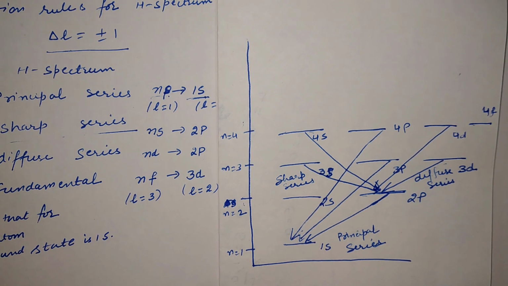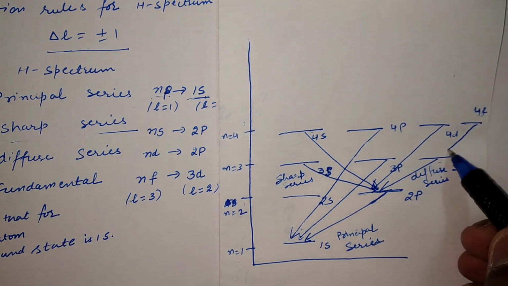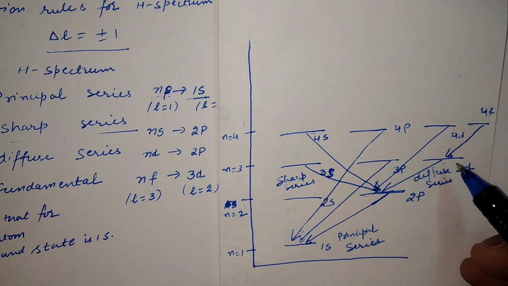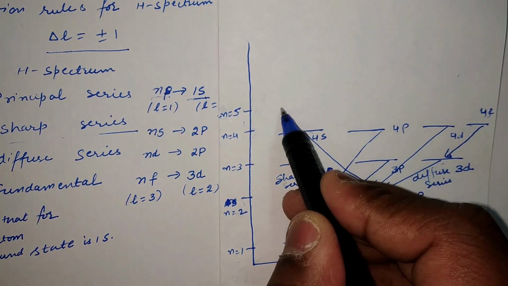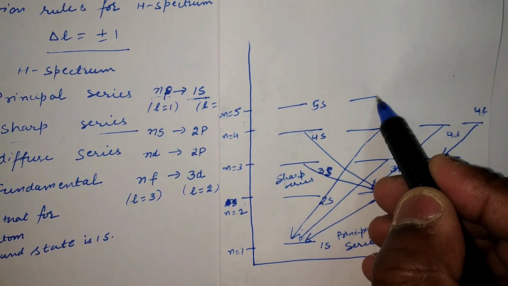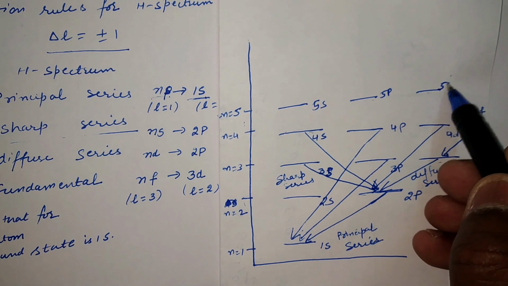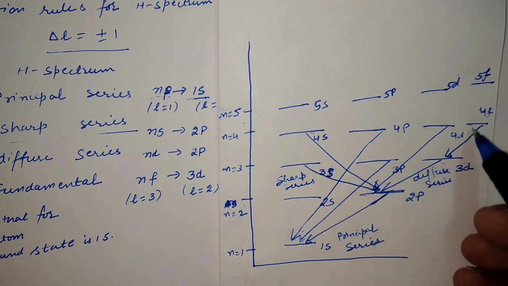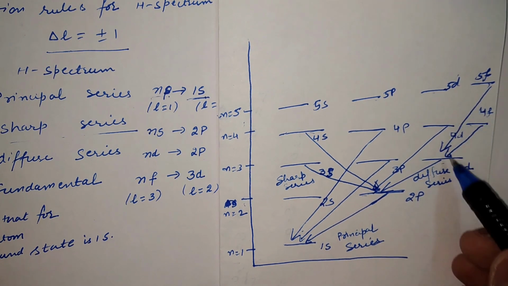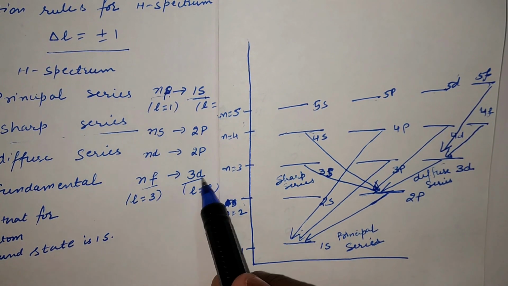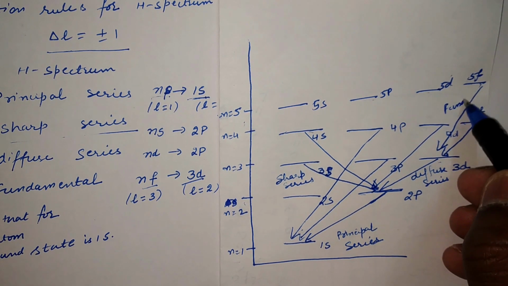We know that the f orbital starts from the 4th shell onwards, so we have a transition from 4f to 3d, and for the 5th shell, with 5s, 5p, 5d and 5f, a transition from 5f to 3d. All the transitions from nf to 3d form the fundamental series.